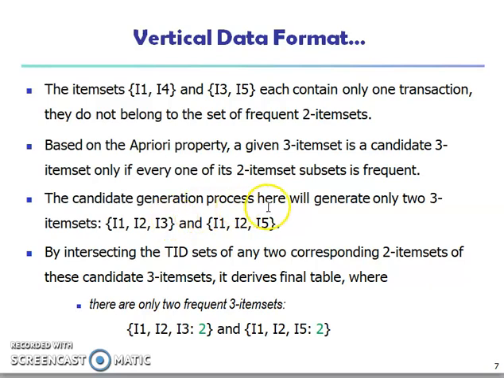The candidate generation process here will generate only 2 3 item sets, for example I1, I2, I3 and I1, I2, I5, generated in the previous case. By intersecting the transaction ID sets of the corresponding 2 item sets, it derives the final table where there are only 2 frequent 3 item sets: I1, I2, I3 and I1, I2, I5. The count is 2 for each.